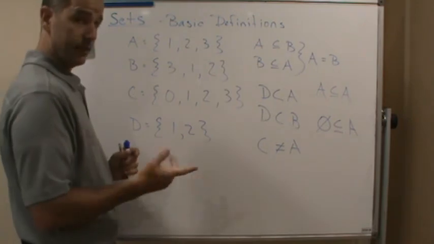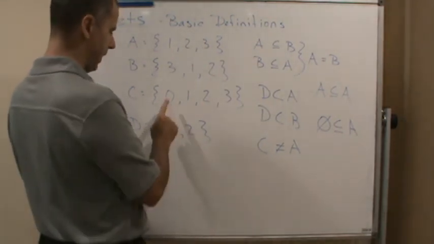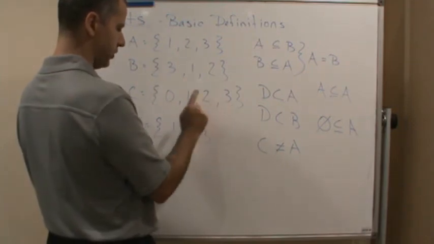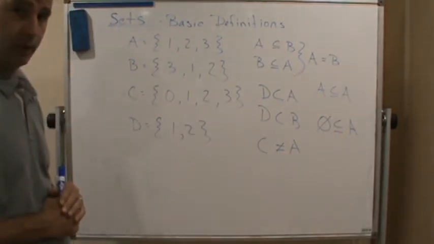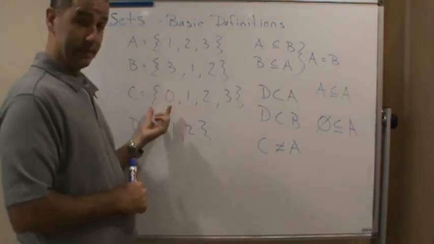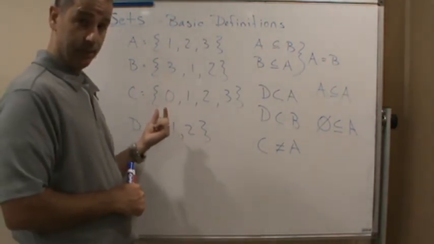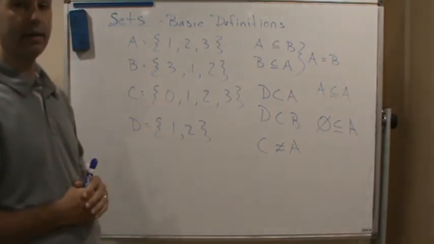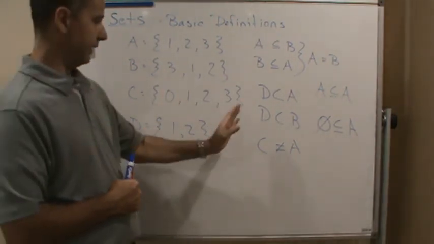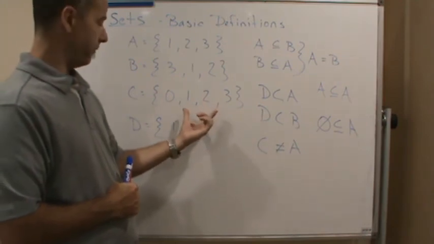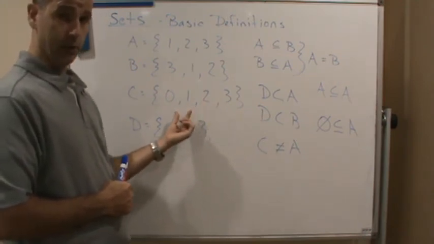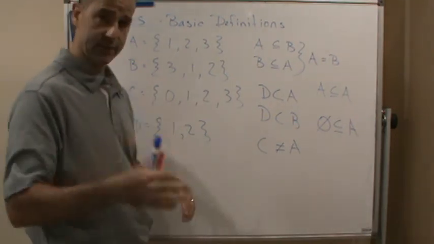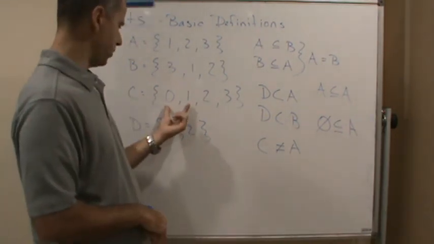Then I go to subsets of 1. I can have a subset of just 0, or just 1, or just 2, or just 3, which gives me another 4. But then I've got the empty set, the set with nothing in it. Oh, hold on a second. I forgot subsets of 2. I'm sorry, I skipped 2.